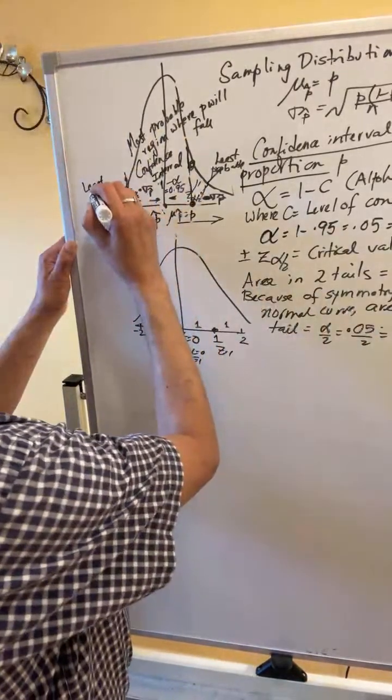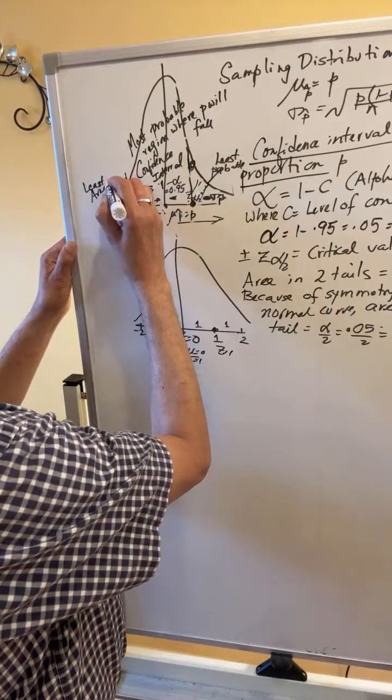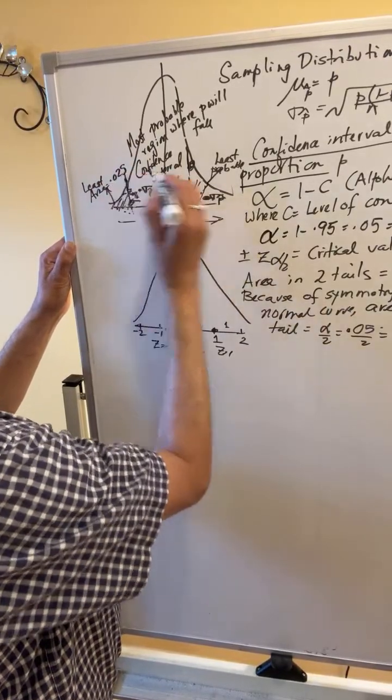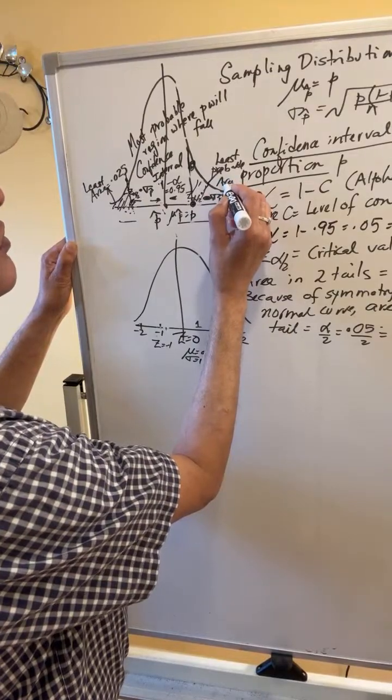So that means this area is 0.025, and this area is also 0.025.